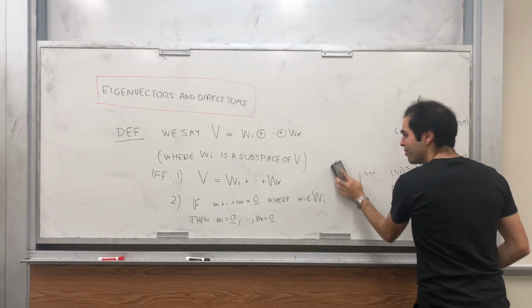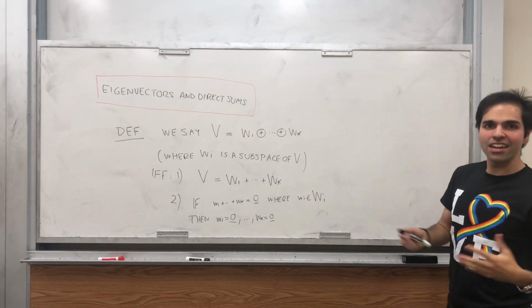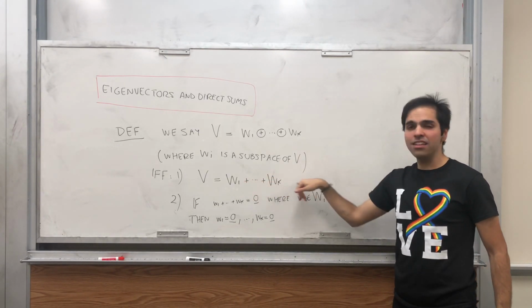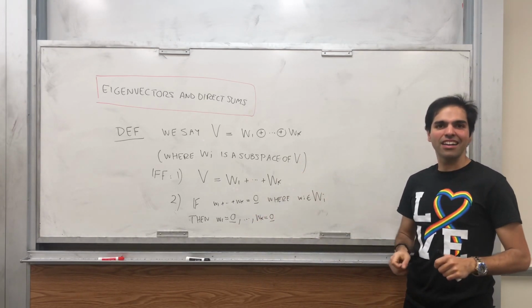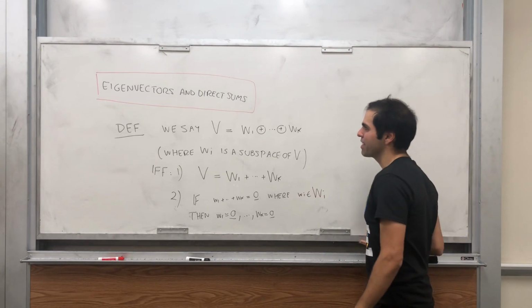Hopefully you can convince yourself that this is a very relaxed analog of bases. This is like V being spanned by those subspaces, more or less, and this is an analog of linear independence, except we're dealing with subspaces here.